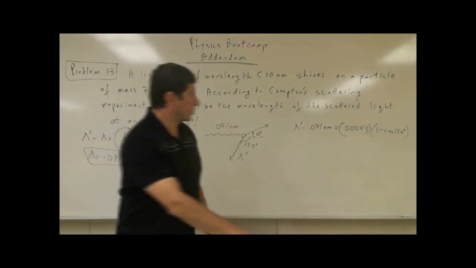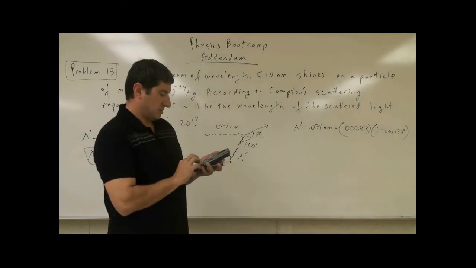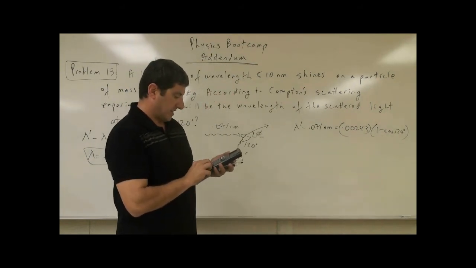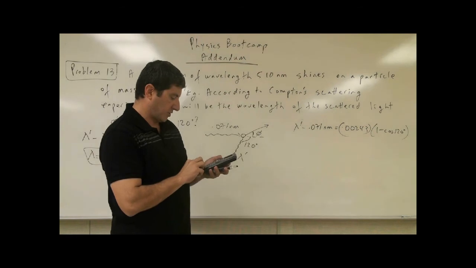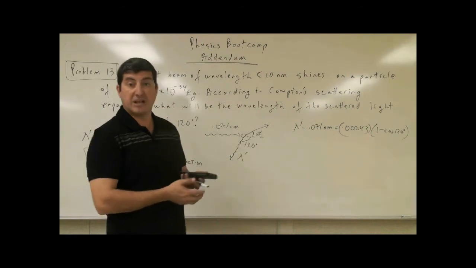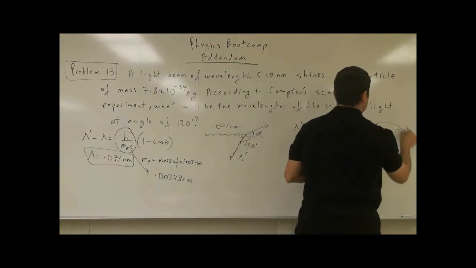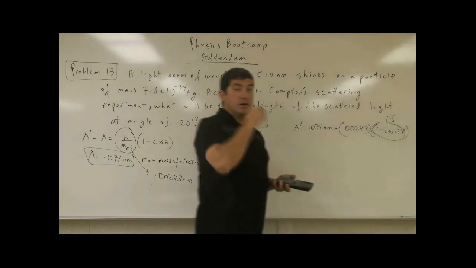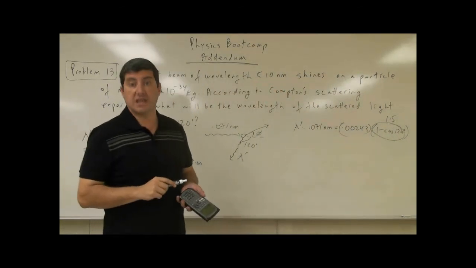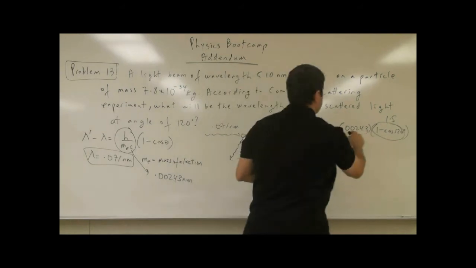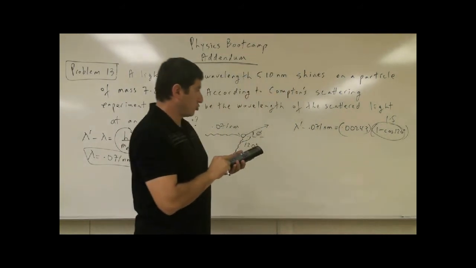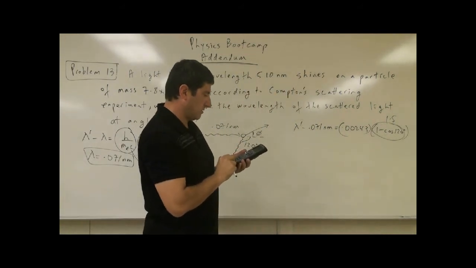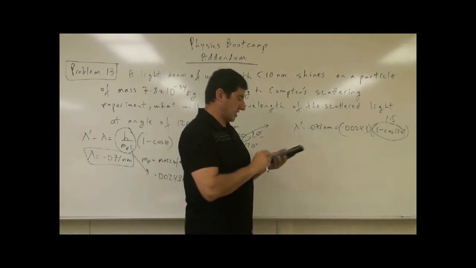Okay, so let's try this one out. 1 minus cosine of 120 comes out to be 1.5, because cosine of 120 is negative 0.5. So then you multiply that by 0.00243, and then you add 0.071 to it.